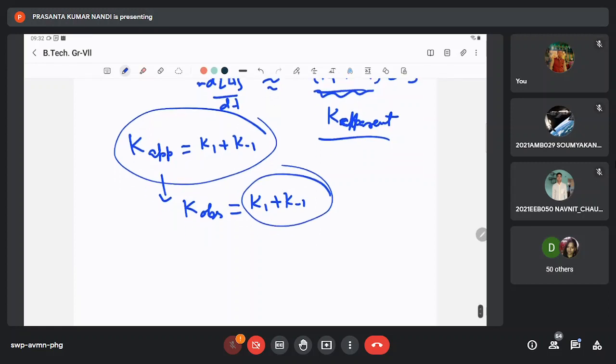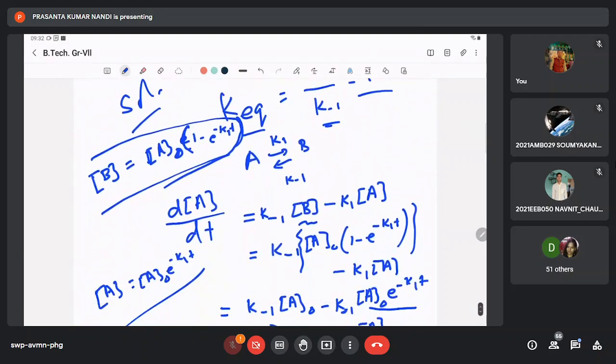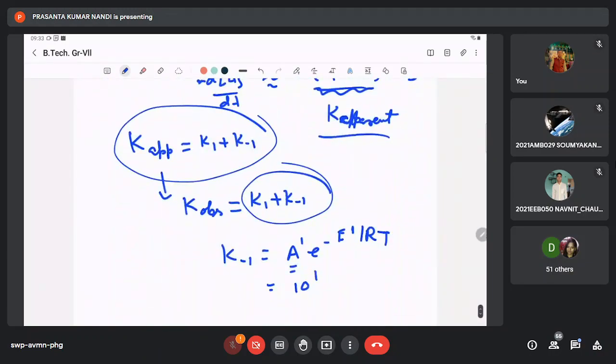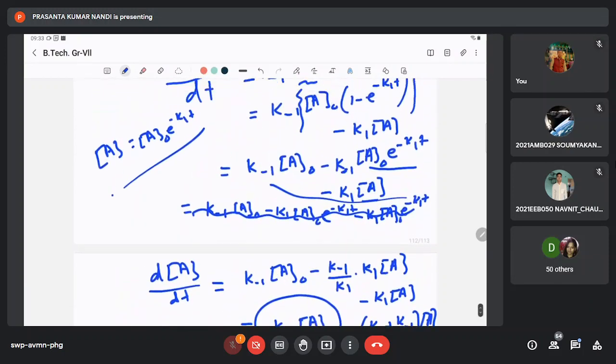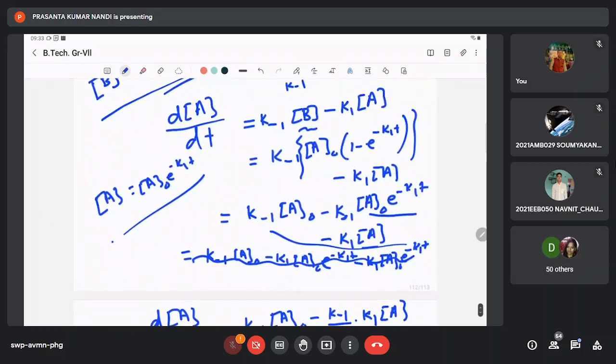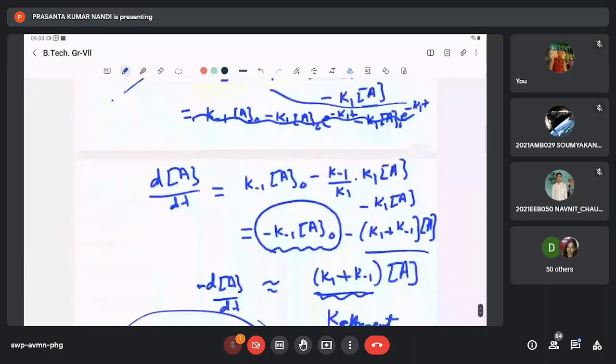Okay, so everything is given. I think you can do it yourself. First of all, what is the value of this? A prime into e to the power minus E prime by RT, right? A prime is given as 10 to the power 10 second inverse, into e to the power, the value of 80 kilocalorie per mole.